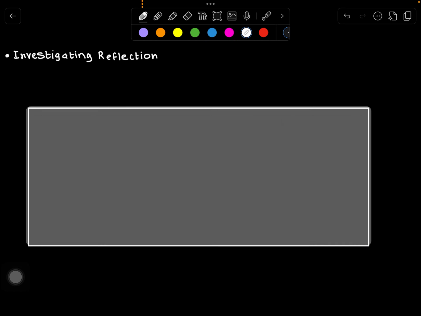Okay, and then you take a ray box. I'm just gonna draw boxes here because I'm not good with 3D drawing. So you take a ray box.